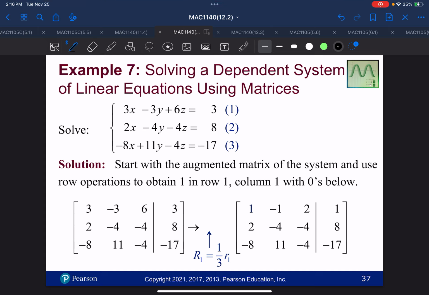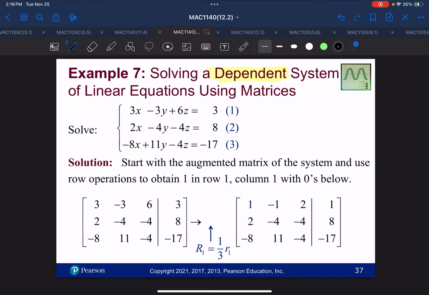Okay, so in this next example, we are going to learn what it means for a system to be dependent. This is a system of equations in 3 variables, so I can solve it by putting it in matrix form.